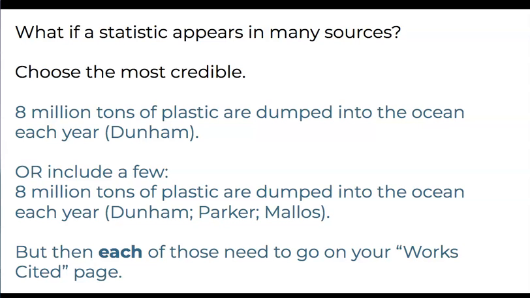Or another option is you could include a few. If you include a few sources, that shows your reader that this statistic is floating around many places on the internet. The only downside of including a few, so here are 3 sources, 3 last names, is you would have to then include each of those on your works cited page. So it might be a little bit more work.